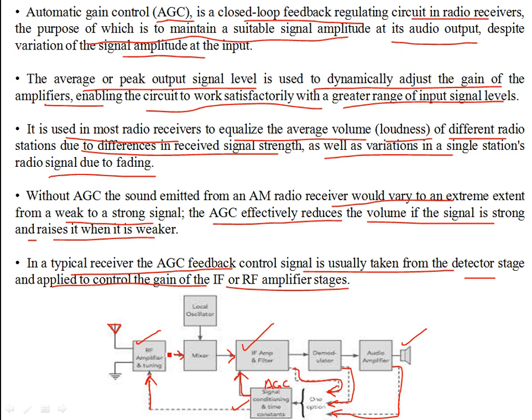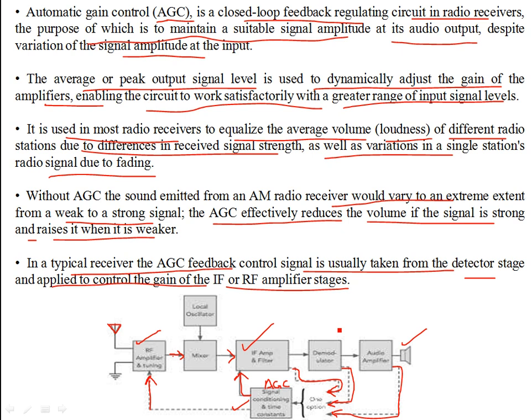Okay, so for example, if this stage is going to produce a very large output over here, that means in the next amplification stages, for example, if it's a digital filter, it can be saturated.